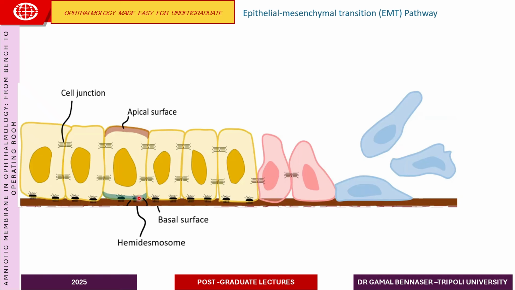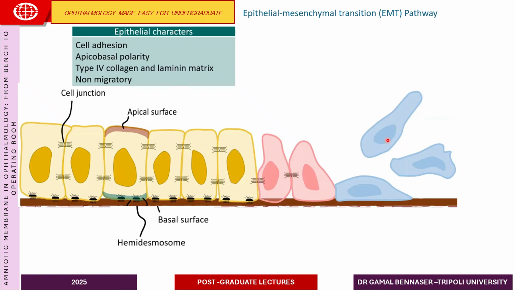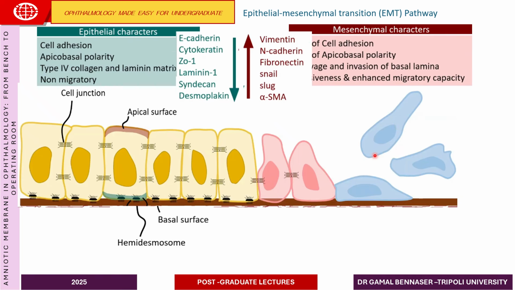Now, upon stimulation of the healing process by certain mediators of this pathway, the cells will start losing the tight junctions and the hemidesmosomes and lose contact with the basal lamina, and the cells will acquire a special shape and lose their polarity. So there will be no more difference between the apical and the basal surface, and in this way the cells are capable of detaching from the basal lamina, and then they acquire the invasion process and become capable of motility.